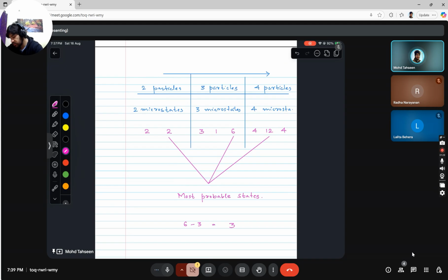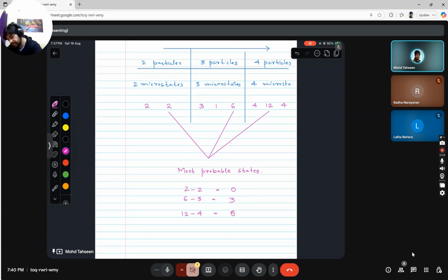In this case, where we have a 4 particle system, the most probable state has 12 ways of constructing it, and the next favorable state has 4 ways. So this difference is 8, and in the 2 particle system it is 0. So as you increase the number of particles in the system, the difference between the most probable state and the next favorable state increases.